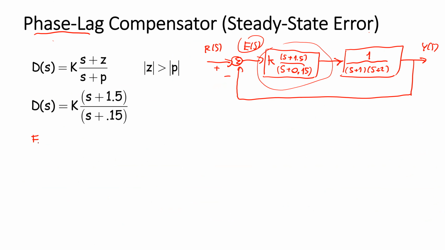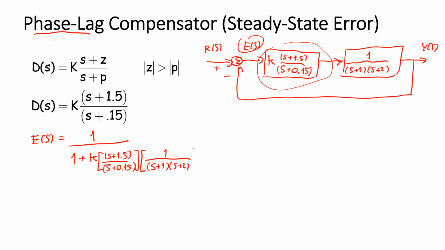The error equals 1 per 1 plus k, and the lag compensator s plus 1.5 divided by s plus 0.15, and multiply by the system transfer function, s plus 1, s plus 2, and the input.